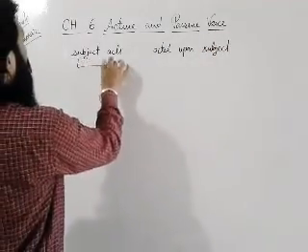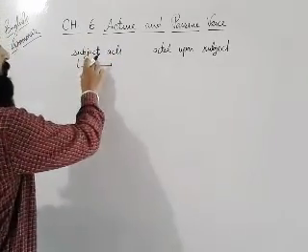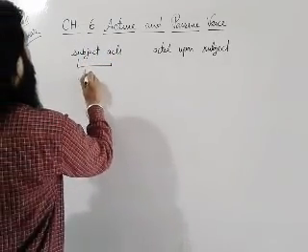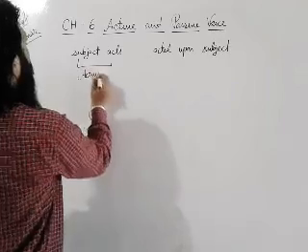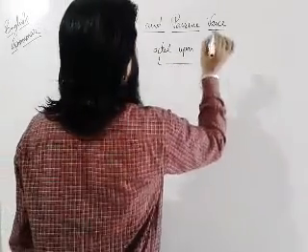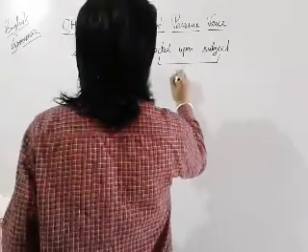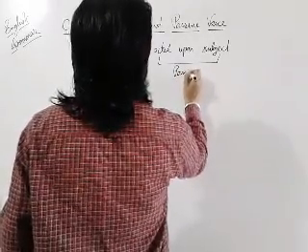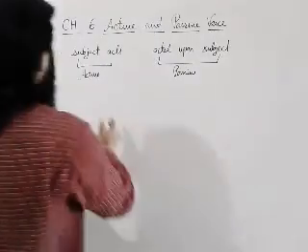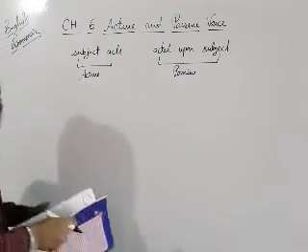When the condition is like this, if the subject is going to act, then we can say that the sentence is in active voice. And if the subject is acted upon, then we can say that the sentence is in passive.